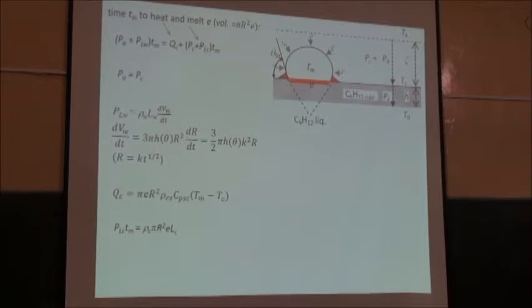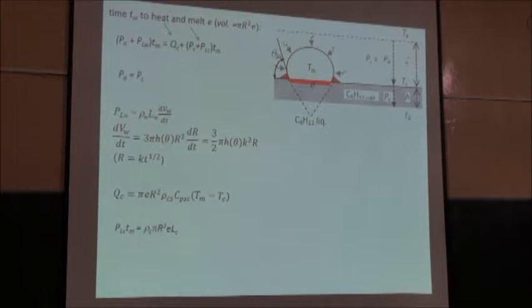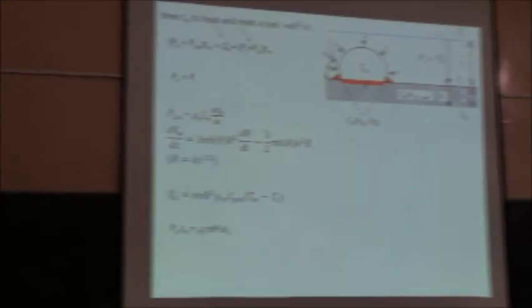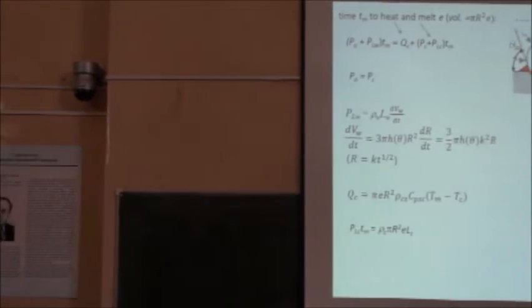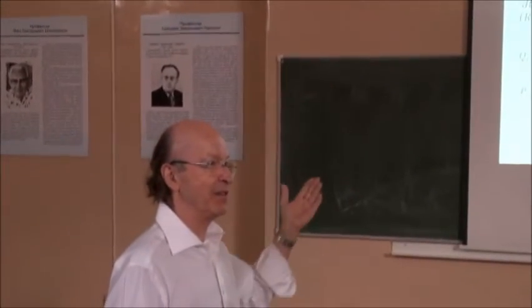And third, you have to express the latent heat, the energy, to melt this layer, which is proportional to the density of cyclohexane, the volume pi r squared E, and the latent heat of cyclohexane. So we have everything. Oh, that's a simple calculation. That's for students. This will be a nice examination.